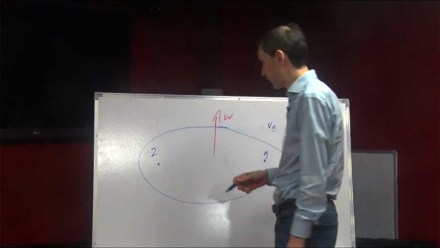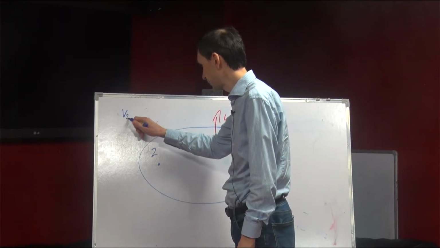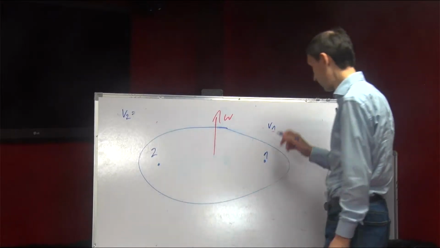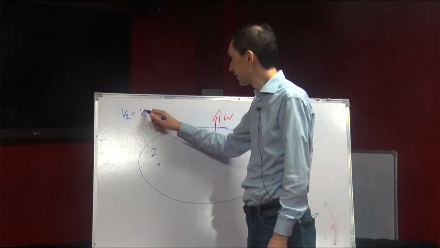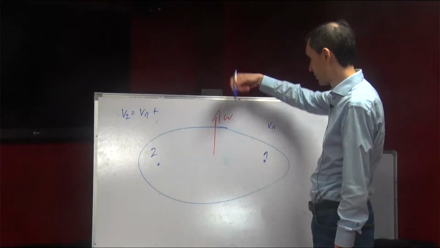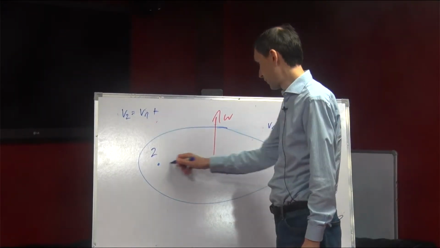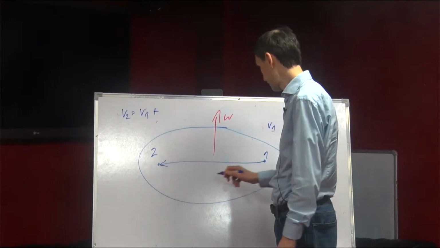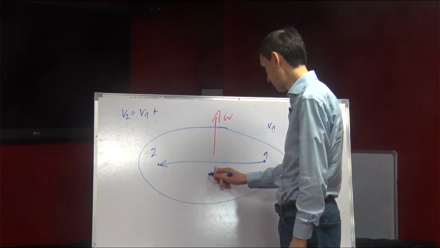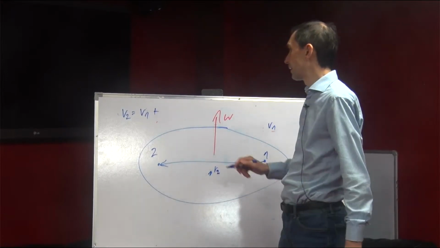What's the velocity of the second point? Then it's of course the velocity of the first one, plus, and now comes the rotation about omega, the displacement vector r12.